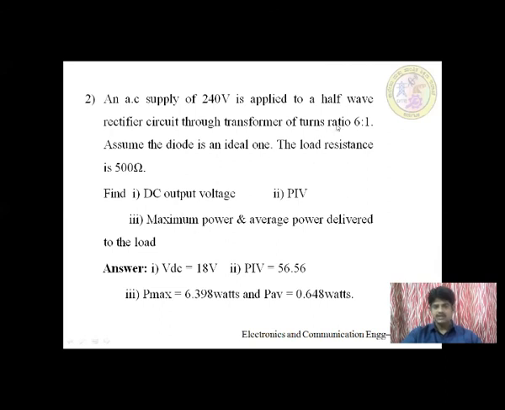We have V and R, so which equation do we use? V square by R, because we have the V from this equation and we have the R. So maximum power is VM square by R.